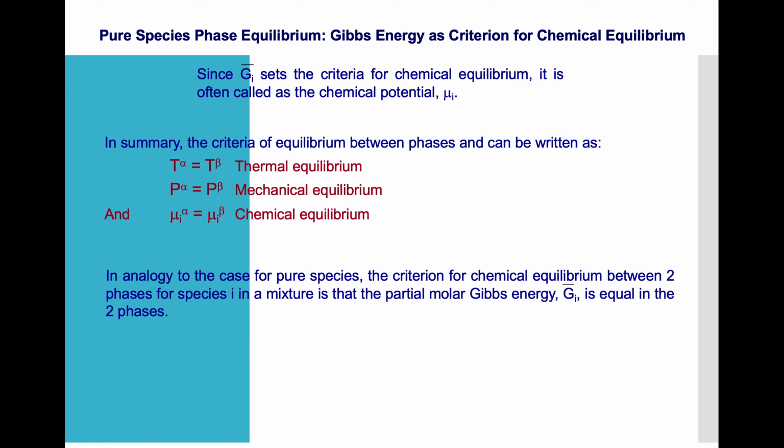Okay, moving on. Since Gibbs energy G sets the criteria for chemical equilibrium, it is often called the chemical potential, or this symbol mu. In summary, the criteria of equilibrium between phases can be written as T alpha equals T beta, which is thermal equilibrium, and P alpha equals P beta, which is mechanical equilibrium, and mu alpha equals mu beta, which is chemical equilibrium.